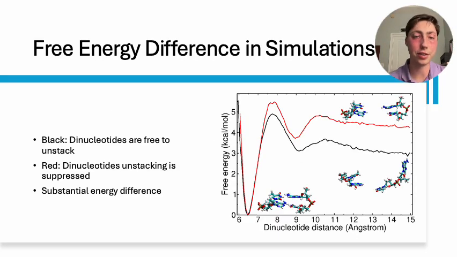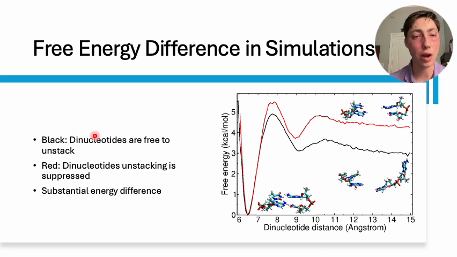This figure is our first dive into the importance of stacking and non-stacked states in the association of dinucleotides. On the x-axis here, we have dinucleotide distance, and on the y-axis, we have the free energy of the states.